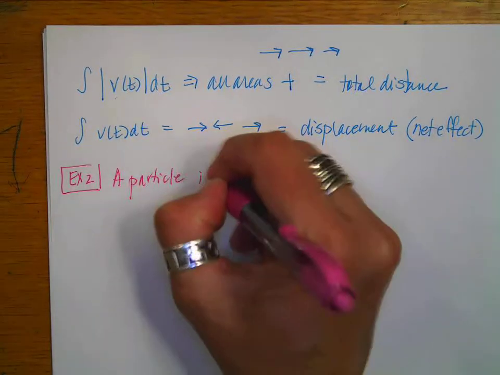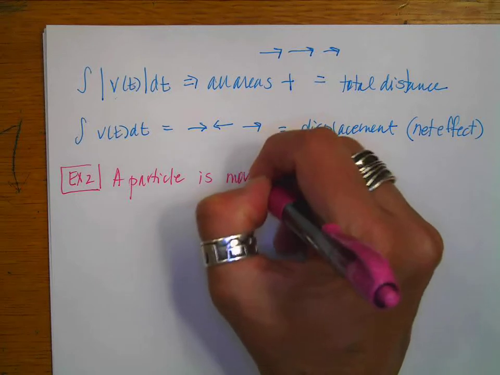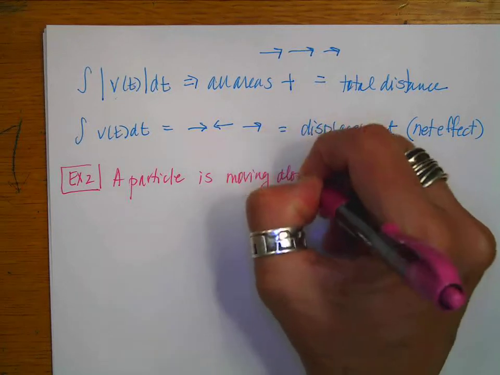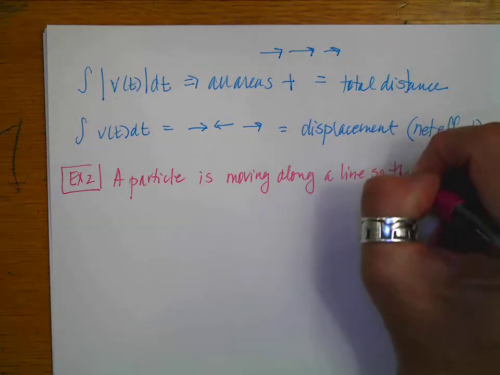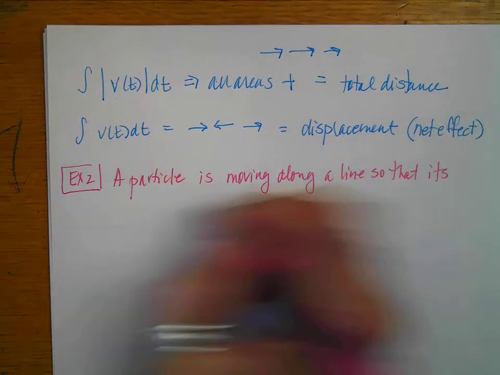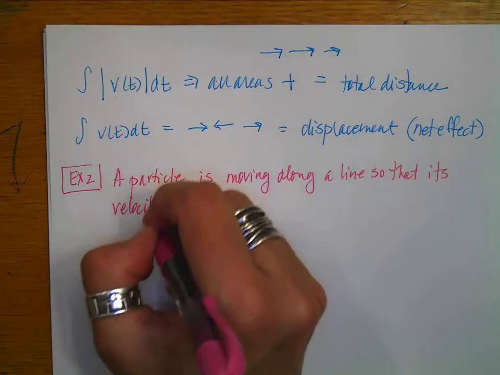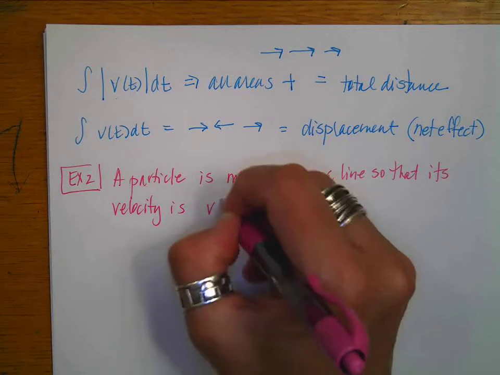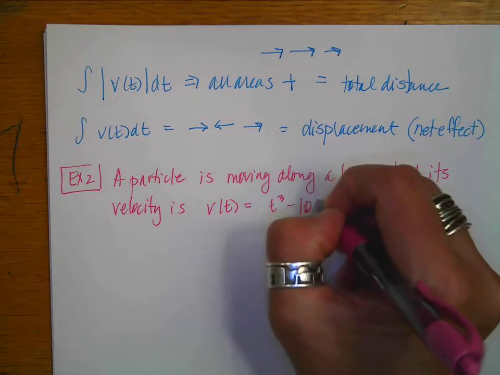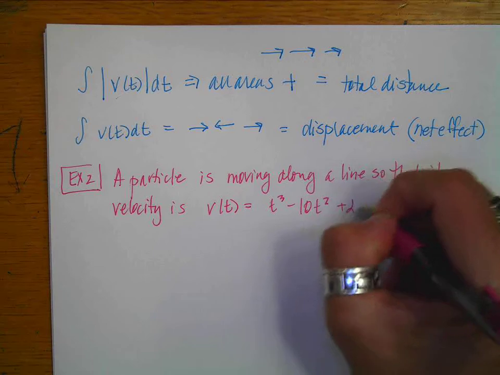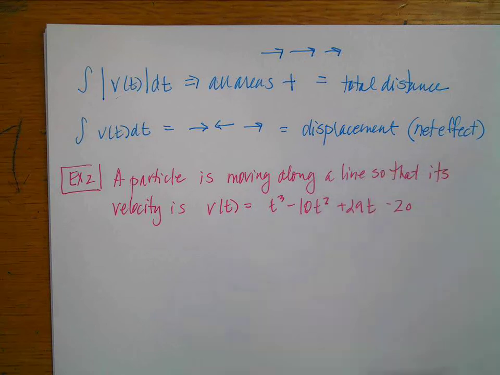All right, let's do a second example. We're going to have a particle moving along a line so that its velocity is v of t is equal to t cubed minus 10t squared plus 29t minus 20.